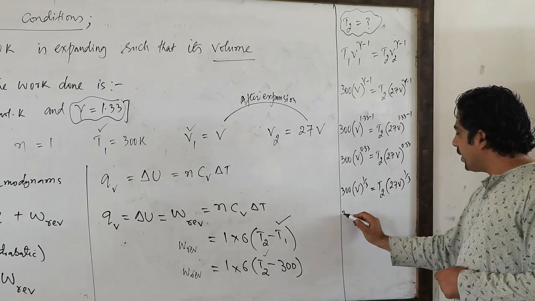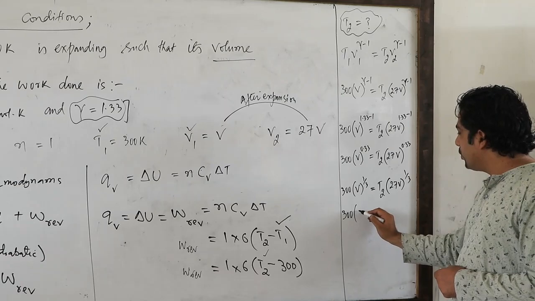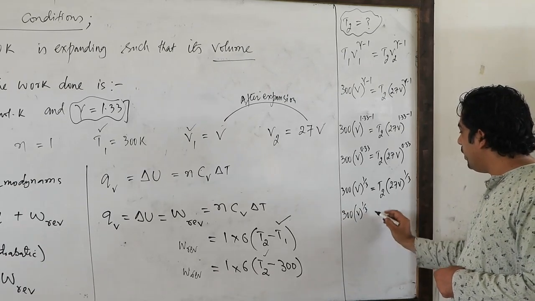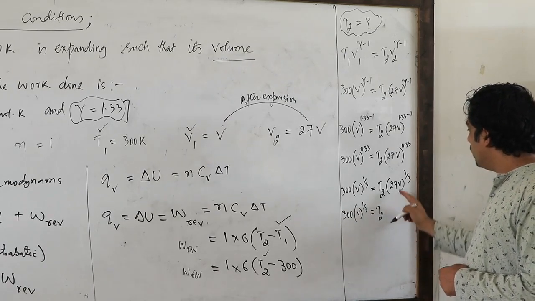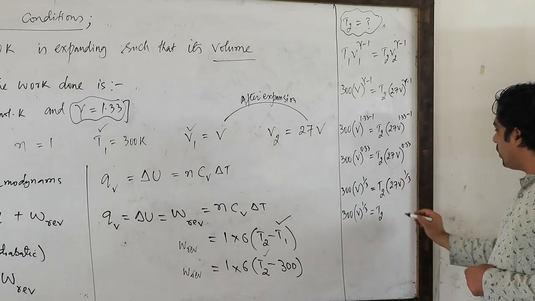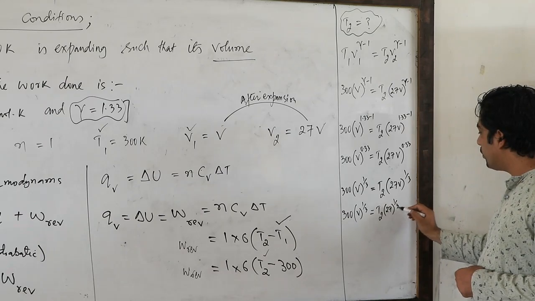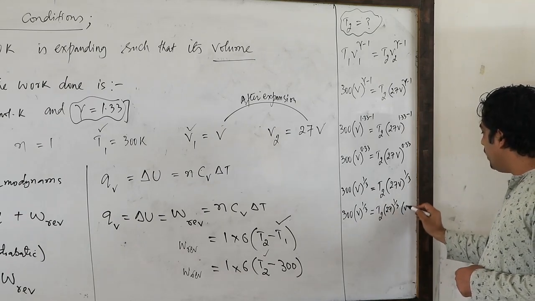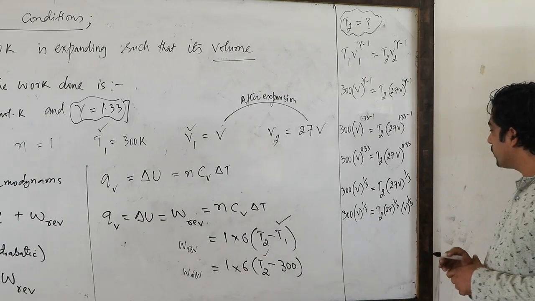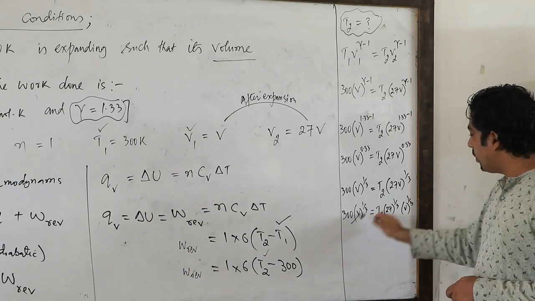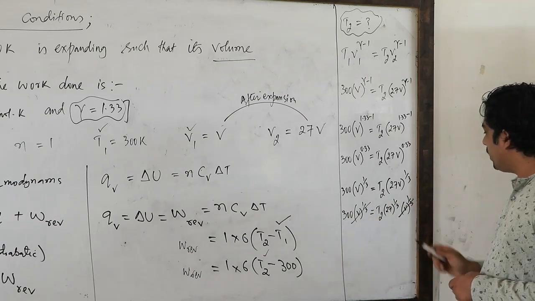Further, I will write 300 into V raised to power 1 upon 3 is equal to T2. Then 27 raised to power 1 by 3, I will write separately, and then separately V raised to power 1 by 3. Then this V raised to power 1 by 3 and V raised to power 1 by 3 will cancel.